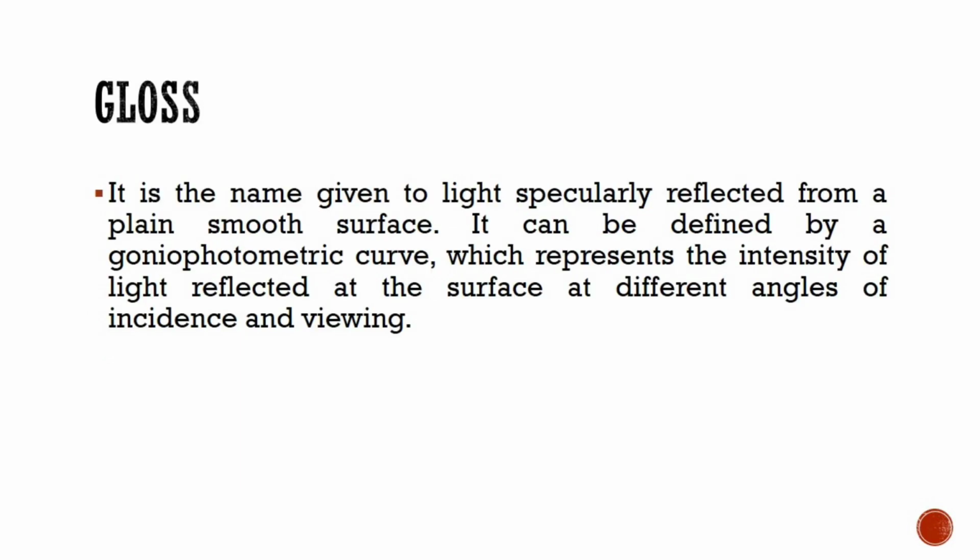Gloss. It is a name given to light specularly reflected from a plane smooth surface. It can be defined by a goniophotometric curve, which represents the intensity of light reflected at the surface at different angles of incidence and viewing.